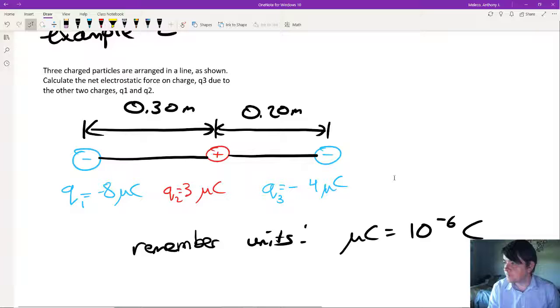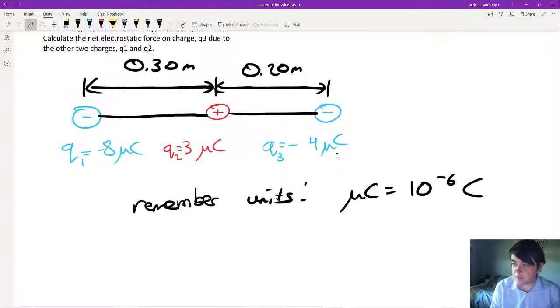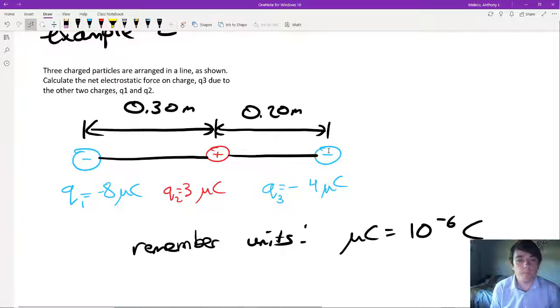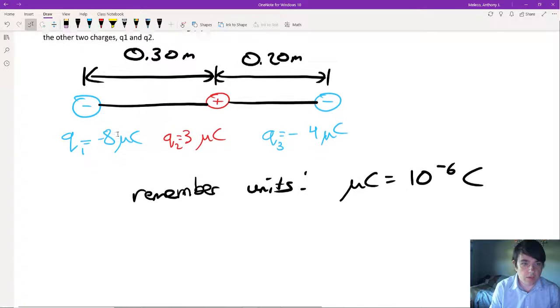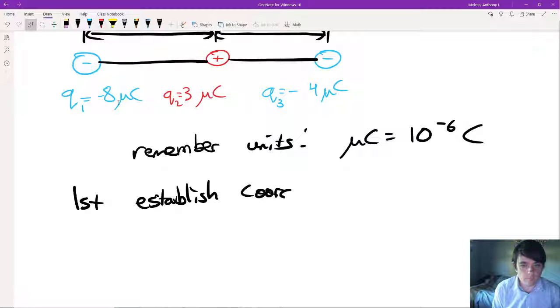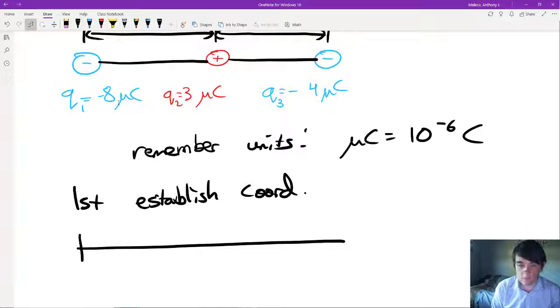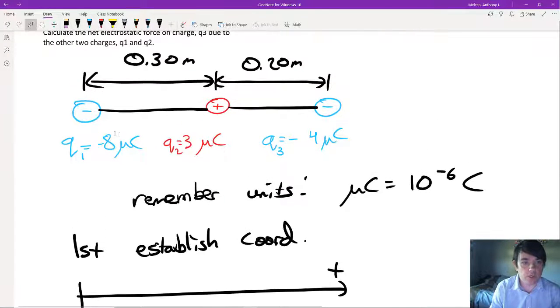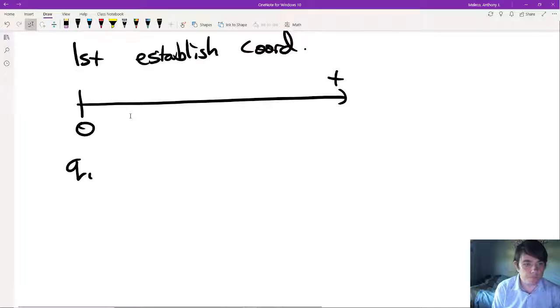Okay. So we need the force on this guy on the end. Now, if you're looking at this, the coordinate system would be, so first, I think doing this is a useful coordinate system for this setup. So I'm putting Q1 at origin. And to the right is positive.